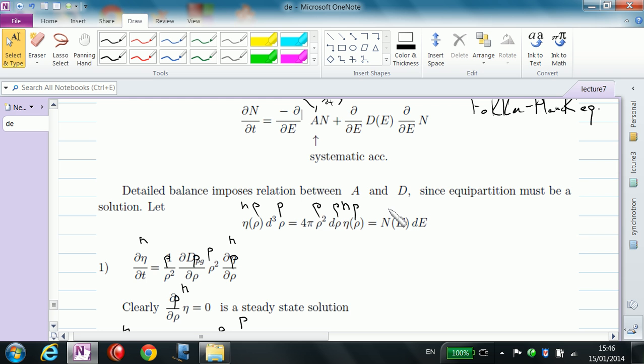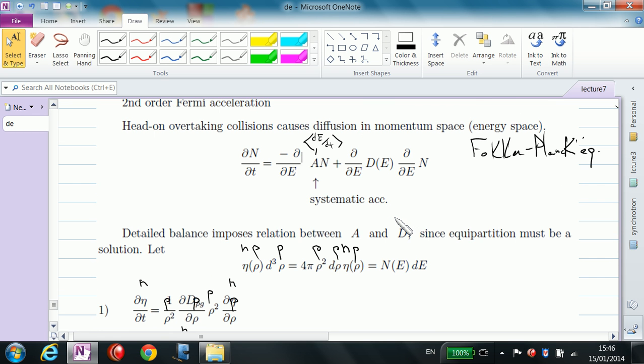Now, suppose I had particles, or relativistic photons, bouncing off infinitely massive scatterers, so that I could neglect the recoil. That's what happens, let's say, when you have Thomson scattering, when the energy of the photon is much less than mc squared of the electron.